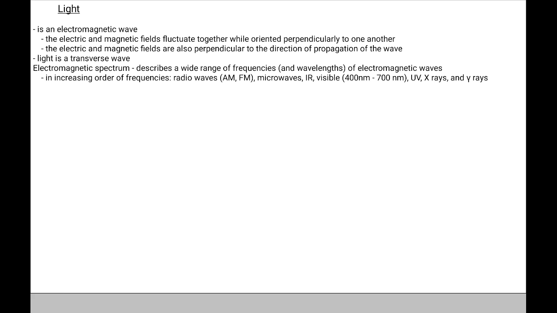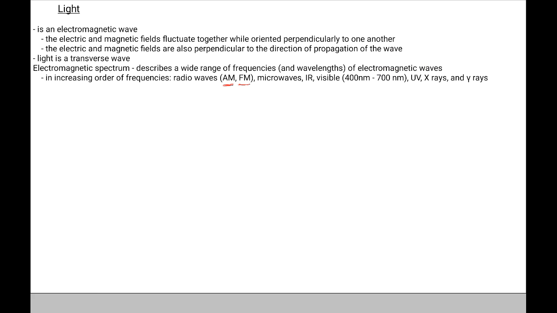In increasing order of frequencies, we start out with radio waves, AM waves, which stands for amplitude modulation, FM waves, which stands for frequency modulation, then microwaves, infrared, the visible spectrum, and the wavelengths in the visible spectrum are between roughly 400 nanometers and 700 nanometers. Then we have ultraviolet, UV, X-rays, and gamma rays.